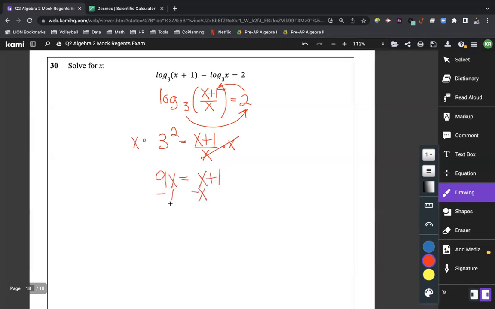Subtract x on both sides. I bet you're all like, it wasn't even that hard. It's this part right here, I'm guaranteeing. 9x minus x is 8x, so 8x equals 1. Divide by 8 on both sides. X equals 1/8. And that wraps up our review video.